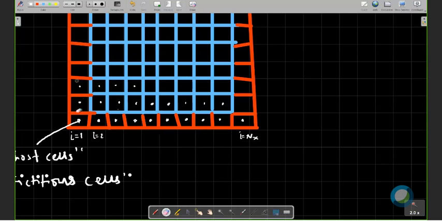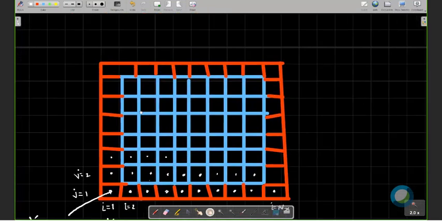Similarly, j indexing can be started like that: j equals 1, j equals 2 and finally up to ny.